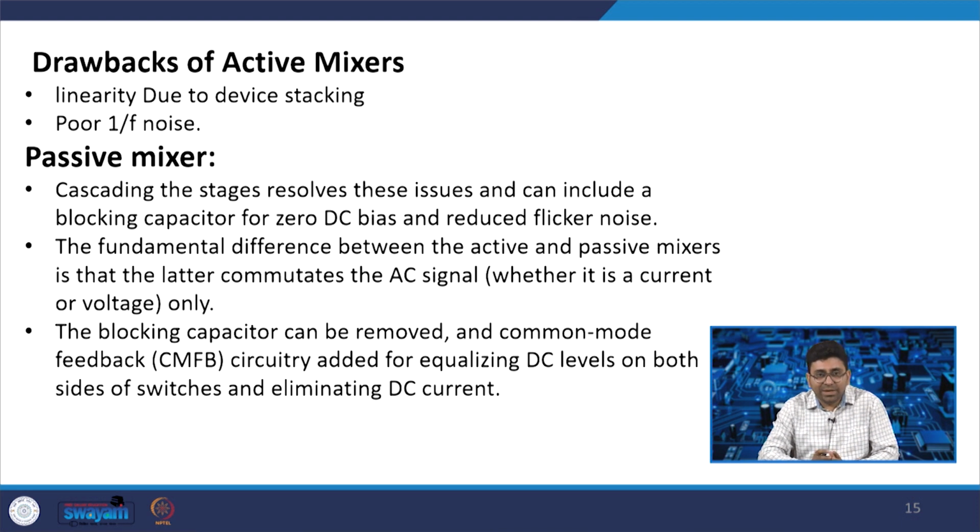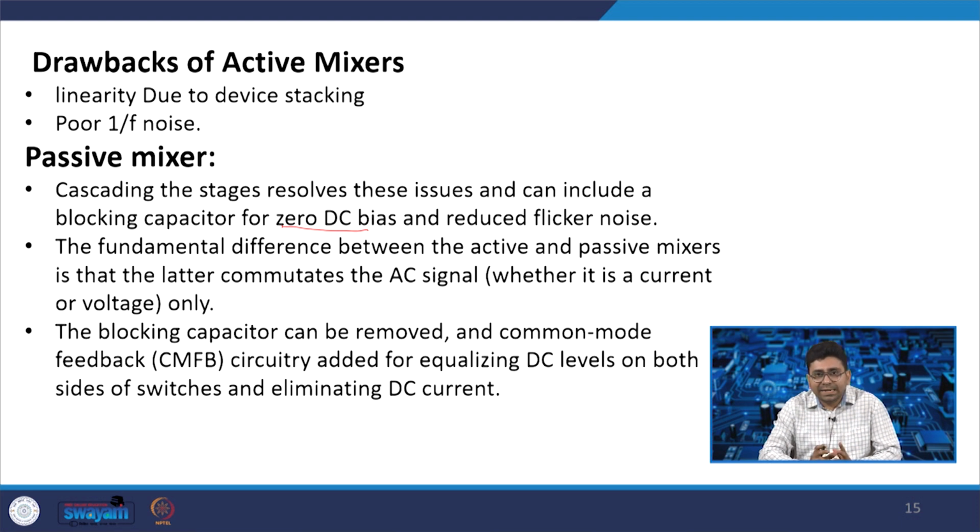In the passive mixer, cascading the stages resolves the drawbacks of the active mixer, and we can include a blocking capacitor for zero DC bias and reduce the flicker noise. The fundamental difference between the active and passive mixer is that the latter commutes the AC signal, whether it is a current or voltage.